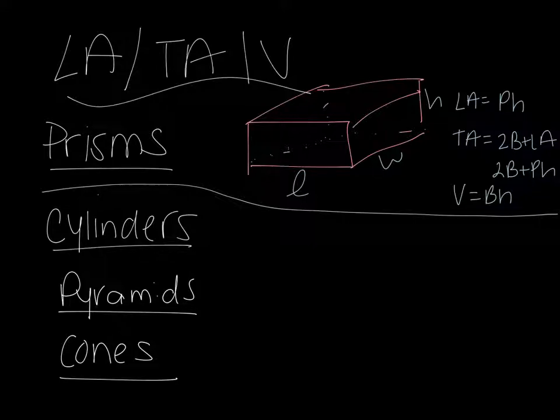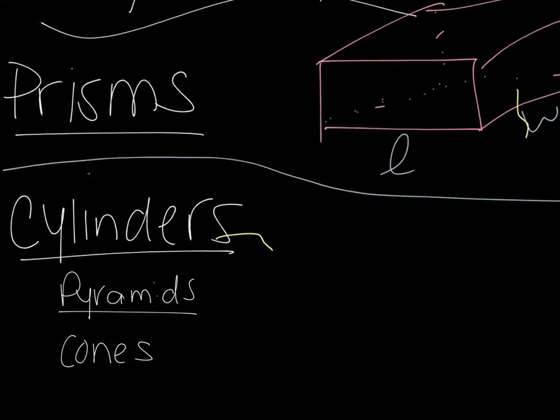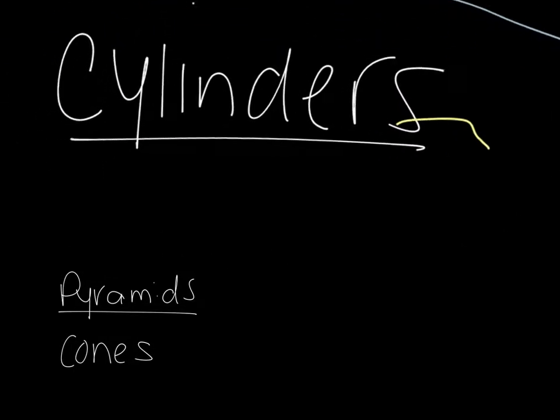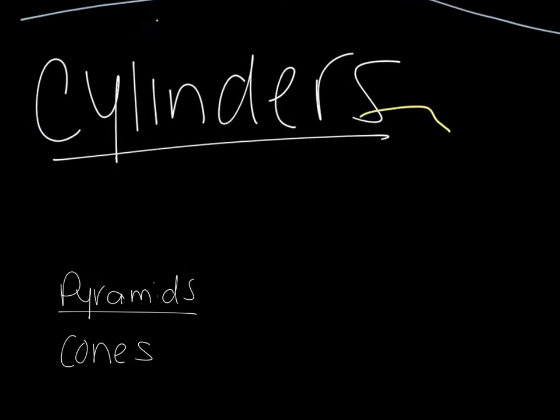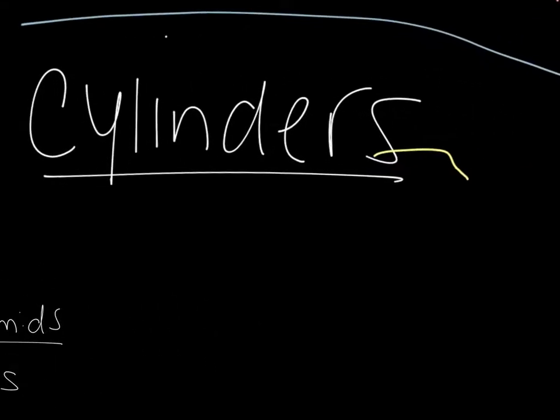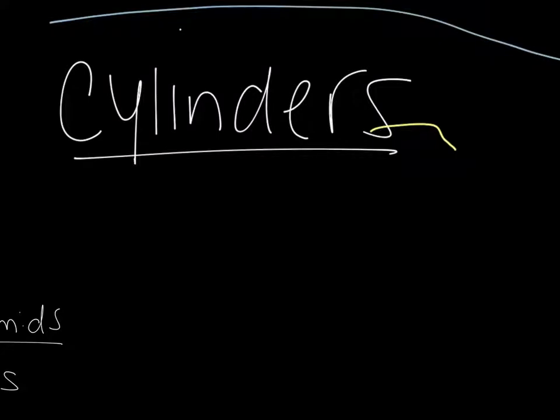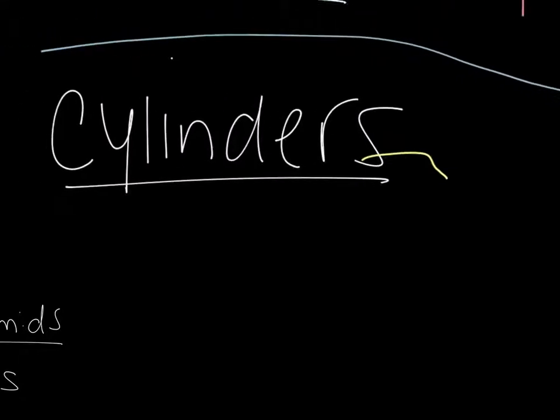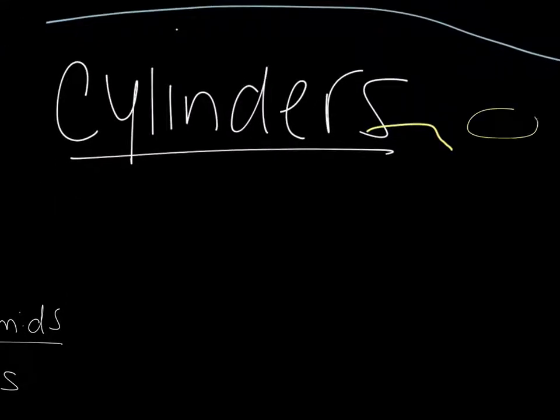Then we went to cylinders, which is just like a prism, but with a circle as its base. This would be my radius, and this would be my height.